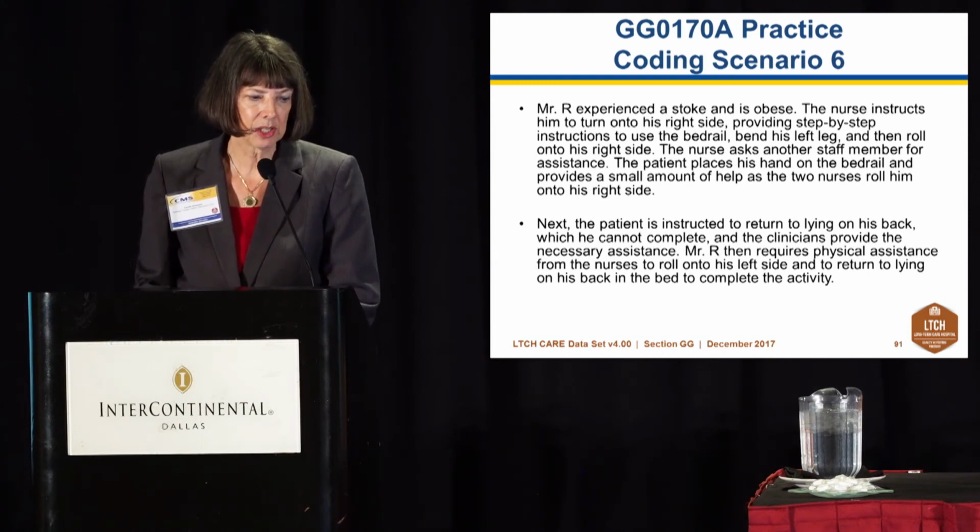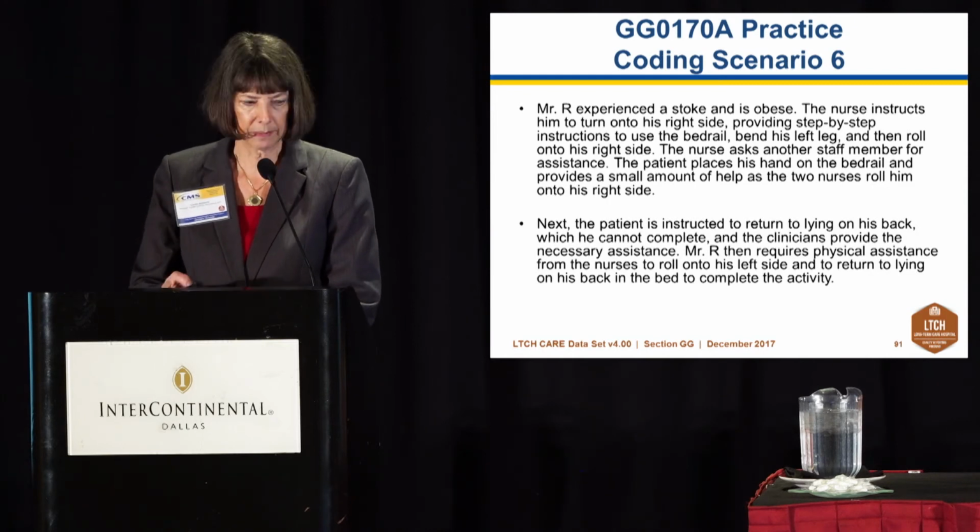Next, the patient is instructed to return to lying on his back, which he cannot complete, and the clinicians provide the necessary assistance. Mr. R then requires physical assistance from the nurse to roll onto his left side and to return to lying on his back in the bed to complete the activity.